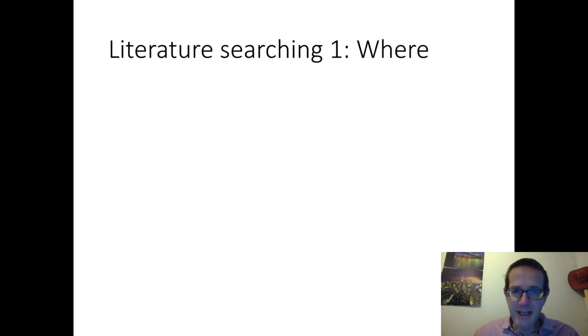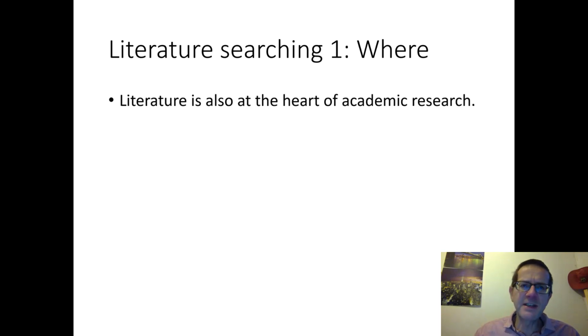Okay, next stage, literature searching. So where are we going to search for relevant literature? So literature-like methods are at the heart of academic research. So in some ways the difference between academic research and non-academic research is that with academic research the findings are tied to academic literature.